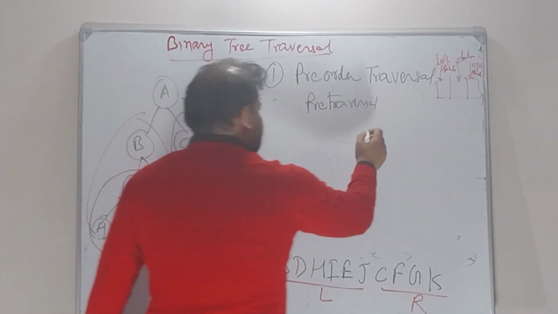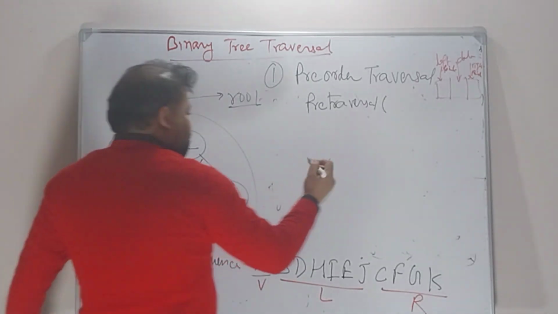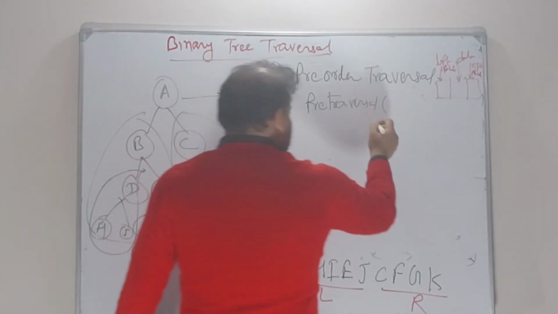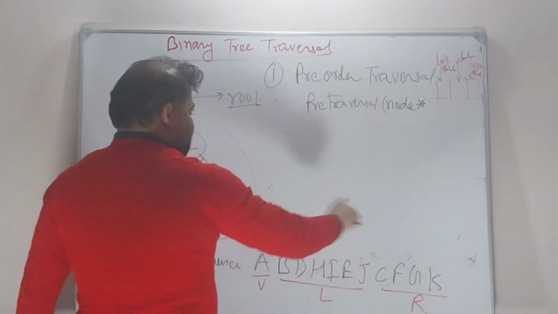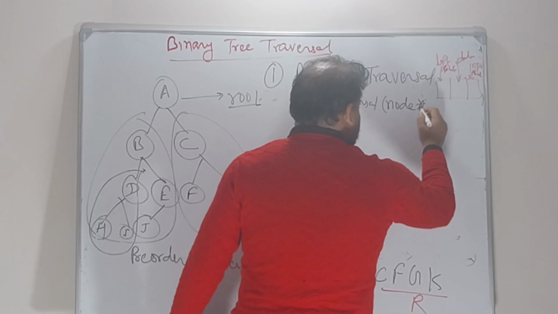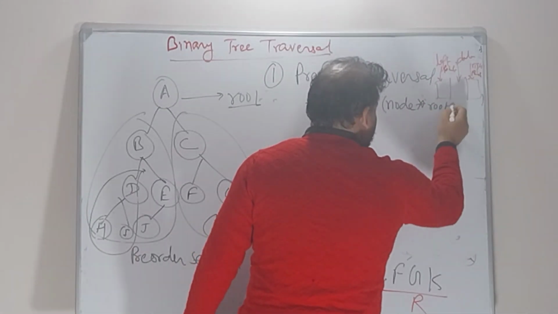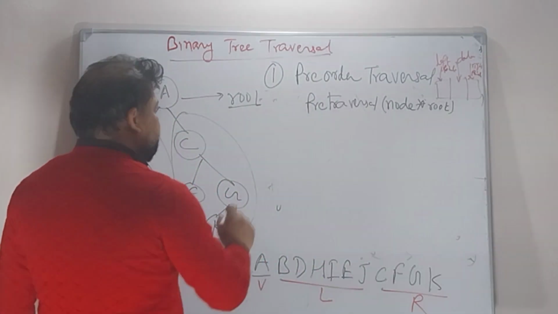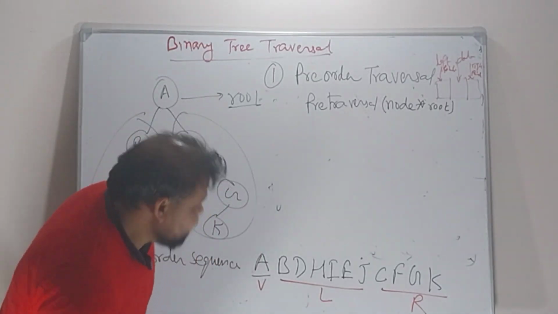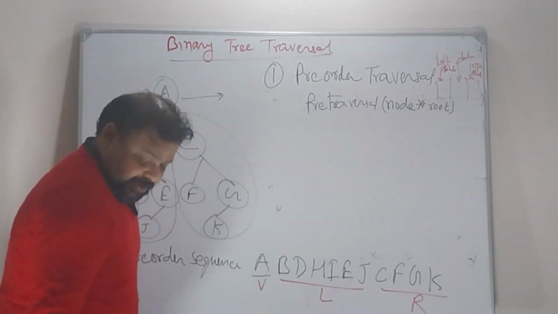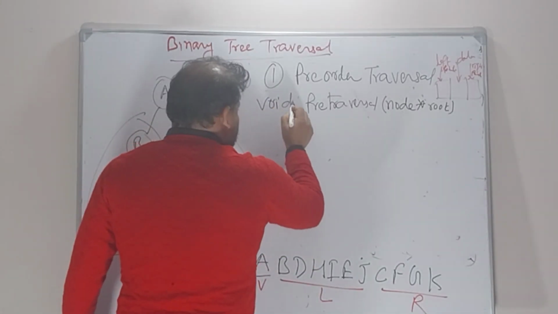This is the name of the function, and because I want to give the address of this node as a parameter, I'll define a pointer of the node type that I have defined, pointing to any element like a root. I'm writing root in this way. I'm not going to return anything here, I'm just trying to print the data, so the return type is void.